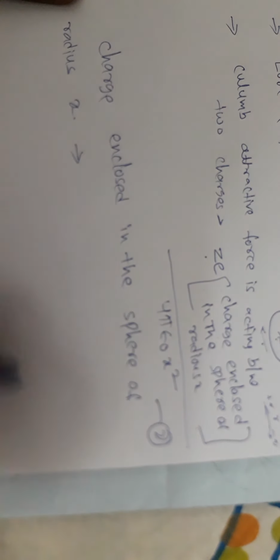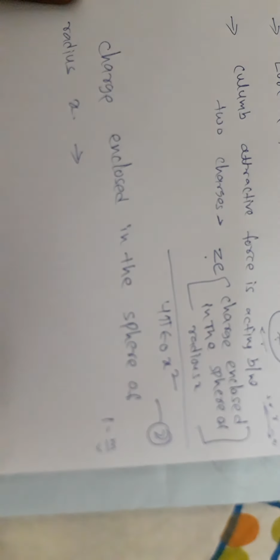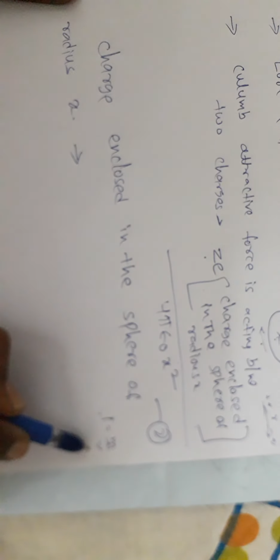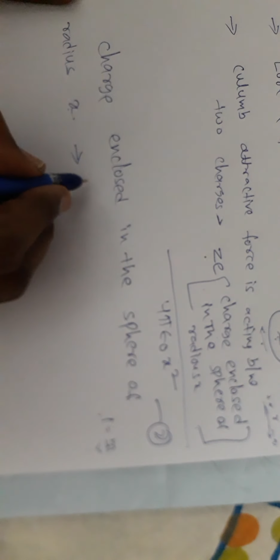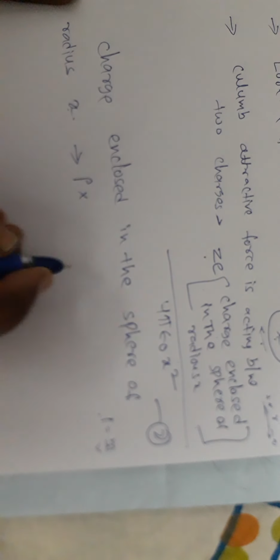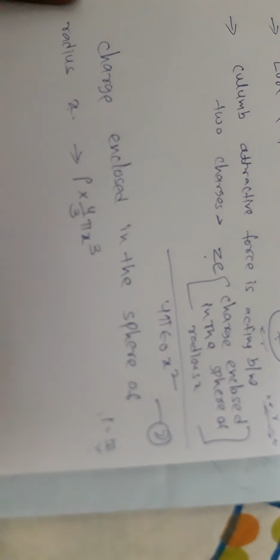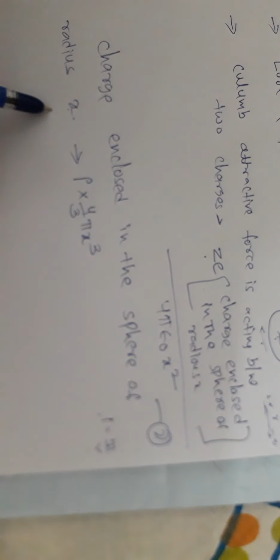Charge density is equal to mass per unit volume. So here we are taking charge, so charge is equal to density into volume. Charge density means rho into volume 4 by 3 pi x cube. That is the charge enclosed in the sphere of radius x.